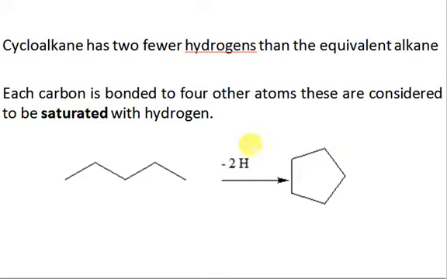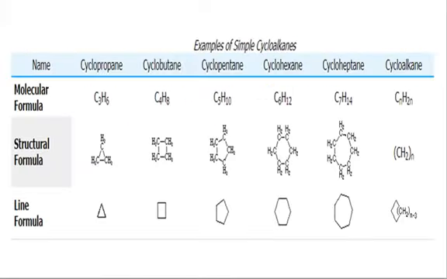Therefore we say that each carbon of the cycloalkane is saturated. Although there are 2 hydrogens less, they are still considered saturated, because all carbons form 4 bonds to other atoms, so cycloalkanes are considered saturated hydrocarbons.